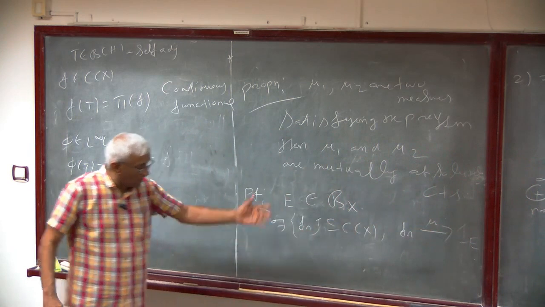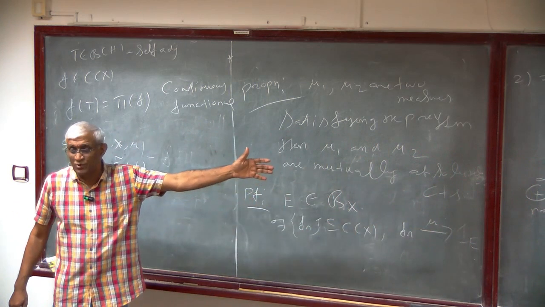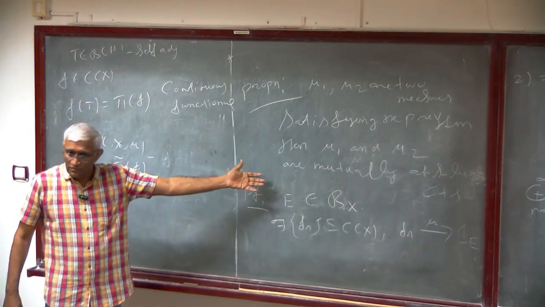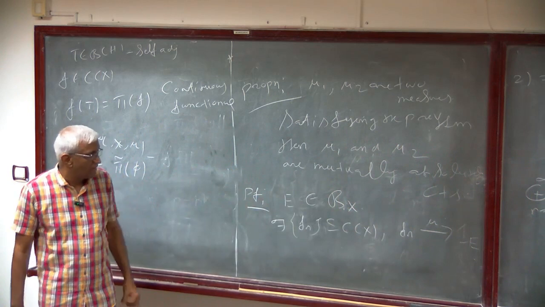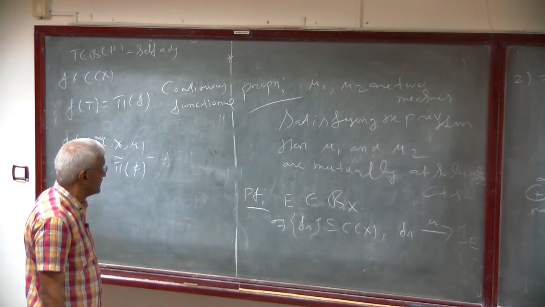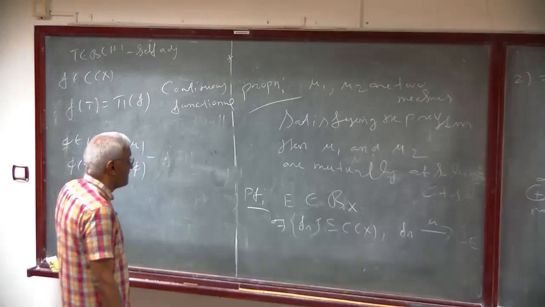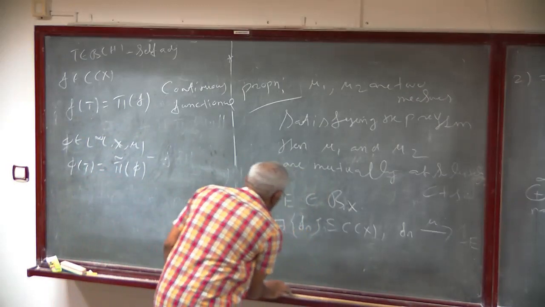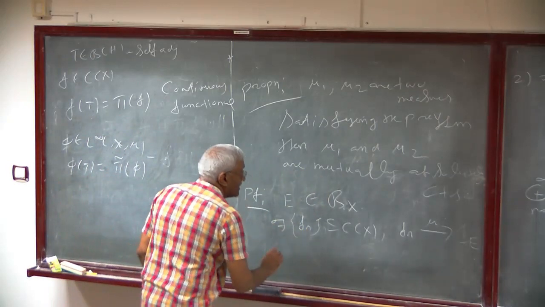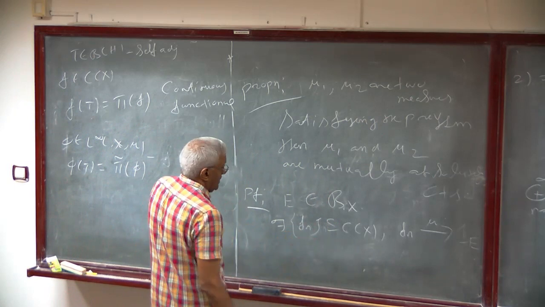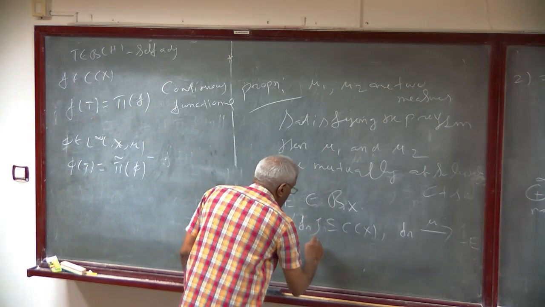You have continuous functions, or we have proved it, we went through Lusin's theorem and other things. You can use that also. Fn converges to 1E, and you assume that they are uniformly bounded also.